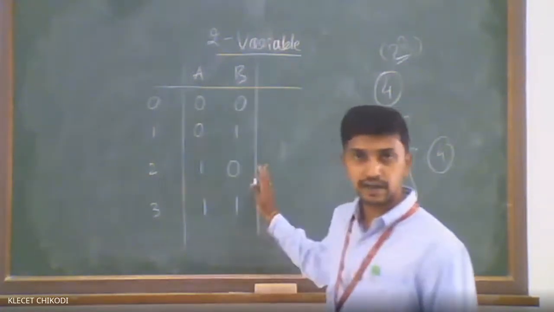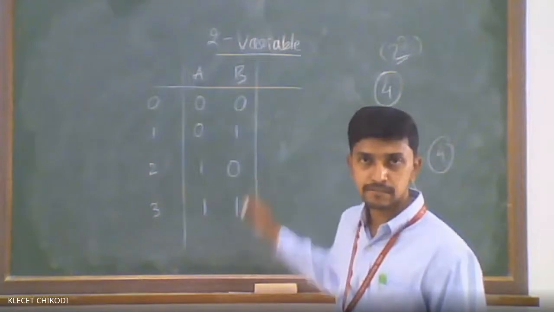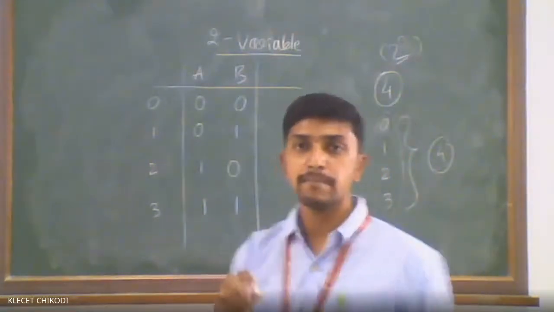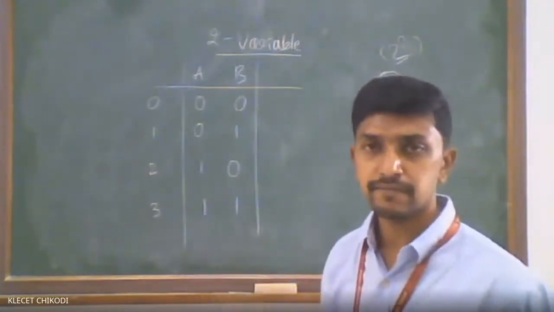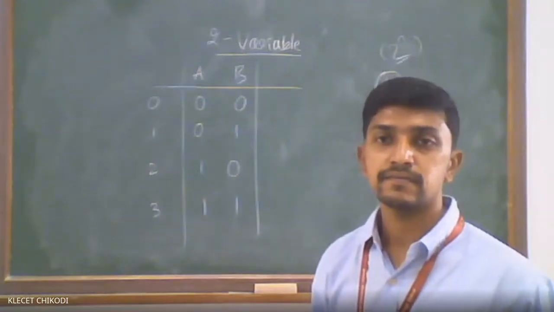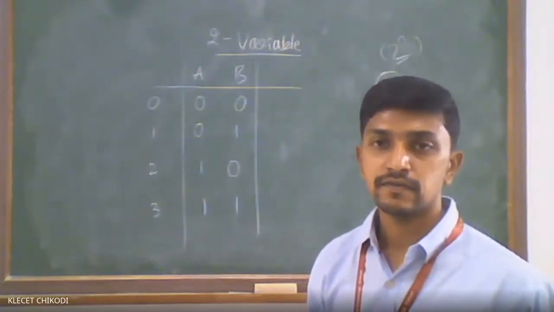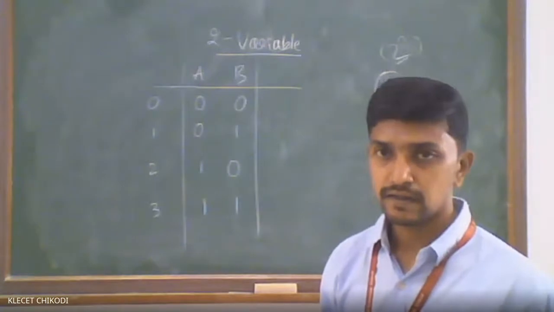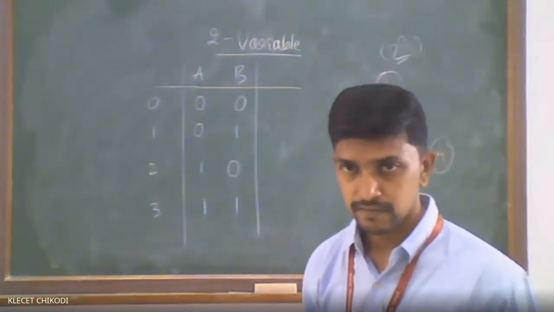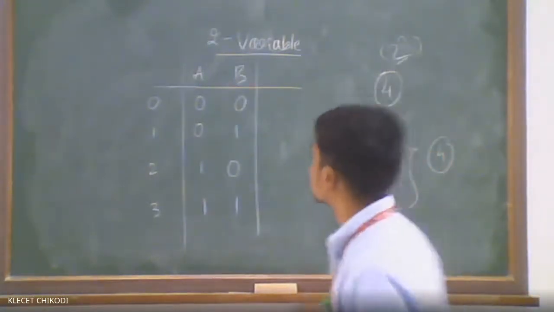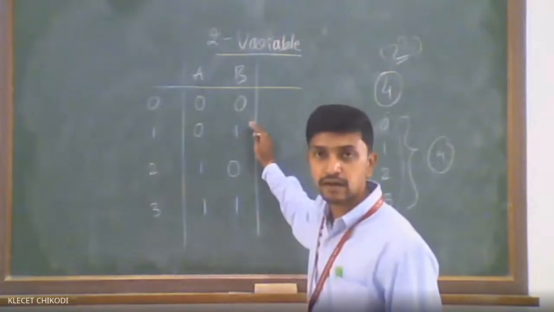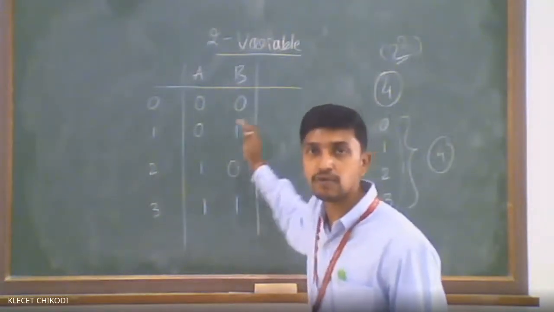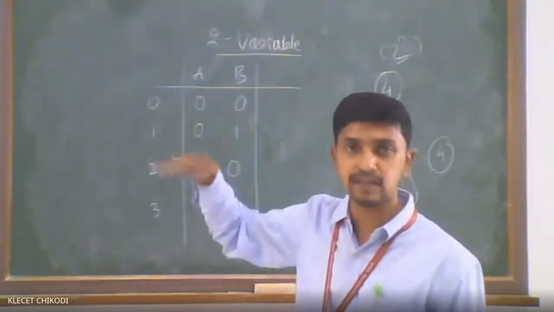So is it clear? Just put a comment there if you have any doubt. Fine. Now, this is for 2 variables. How to write the truth table for 3 variables and 4 variables?